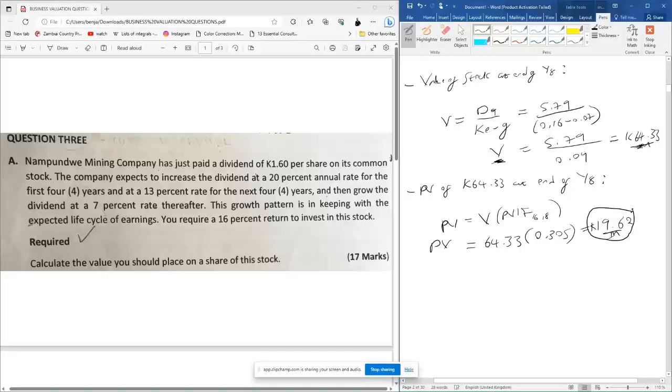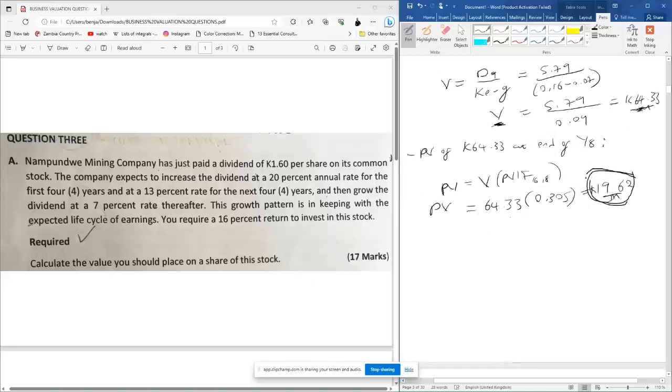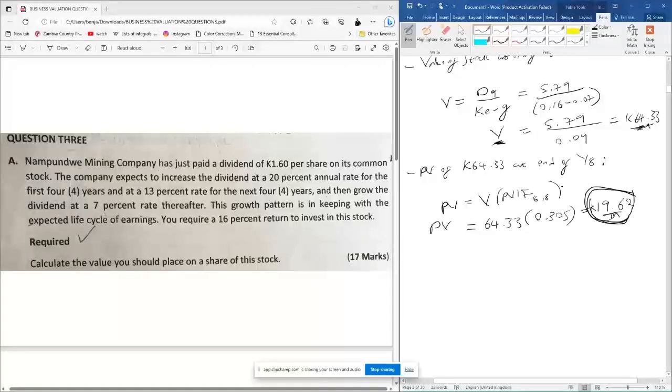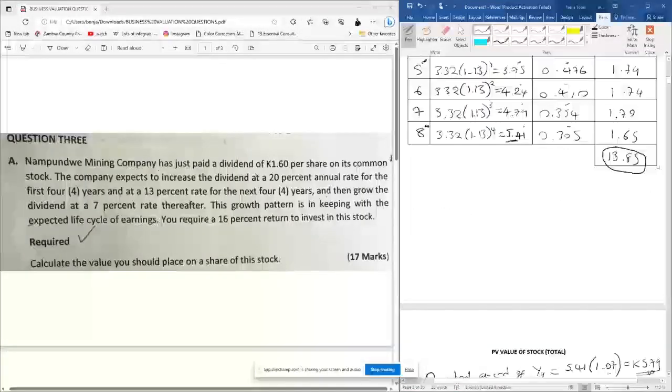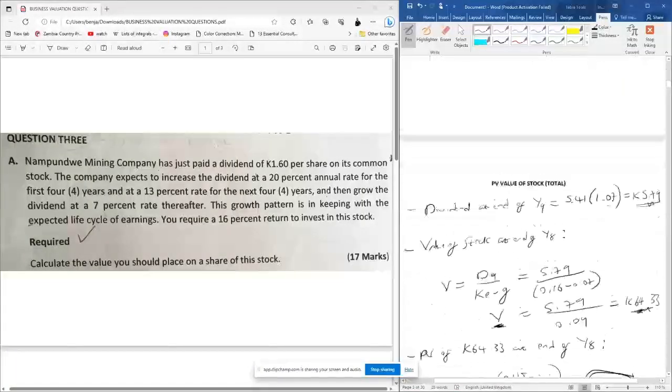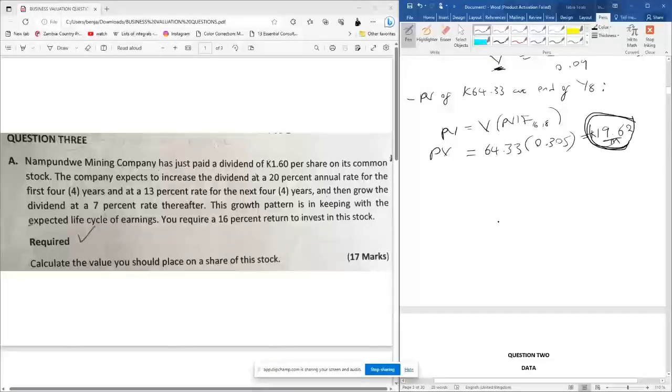Of our common stock at the end of 8 years. So we need to add the two in order for us to now find the actual value of our stock. So we add this present value to this present value of our dividends within the period of 8 years. So when we do that, we're going to find the value of our stock.